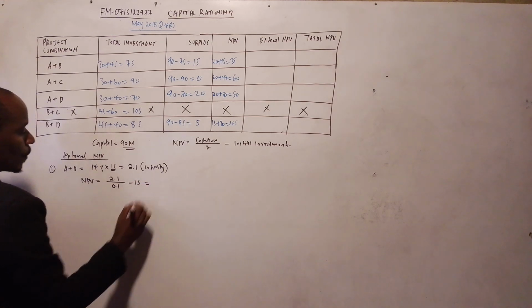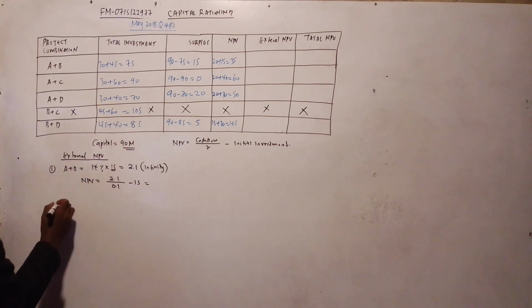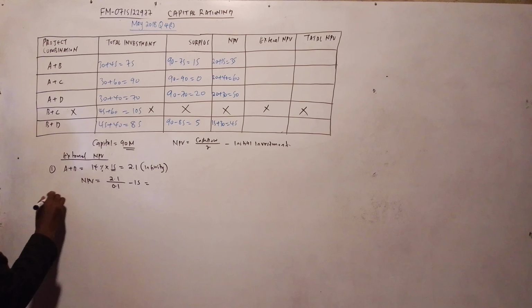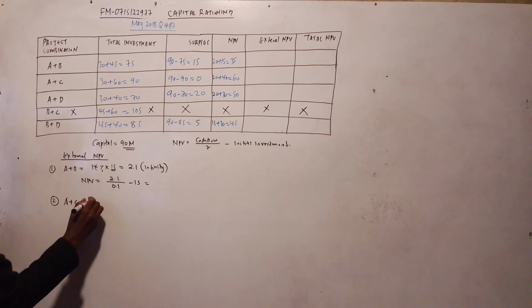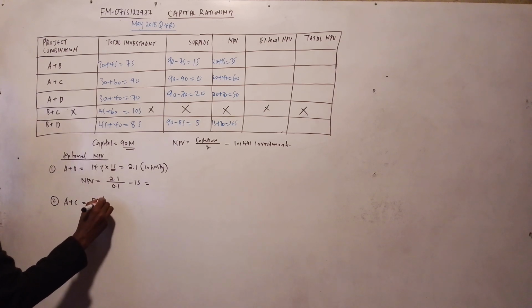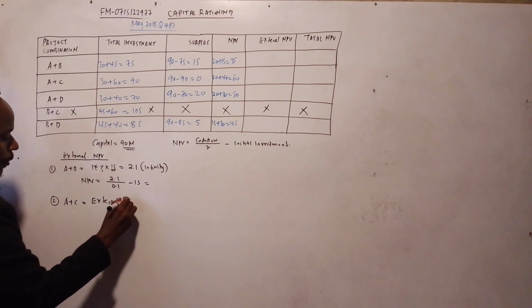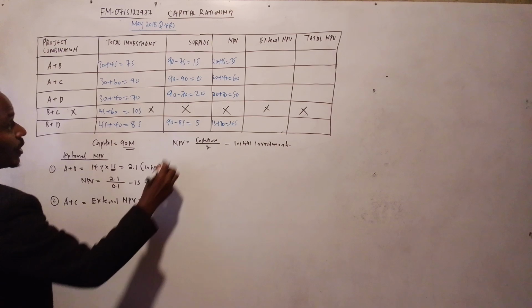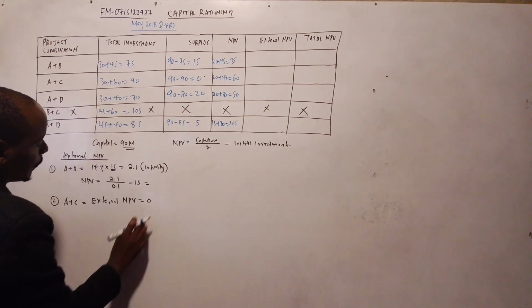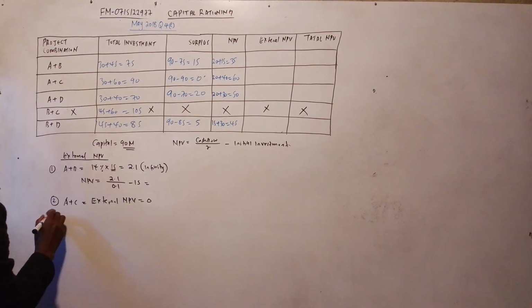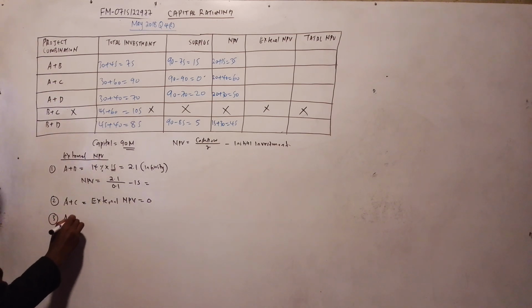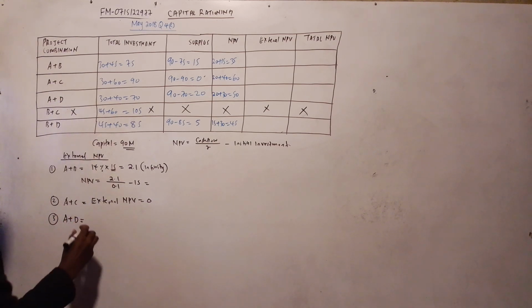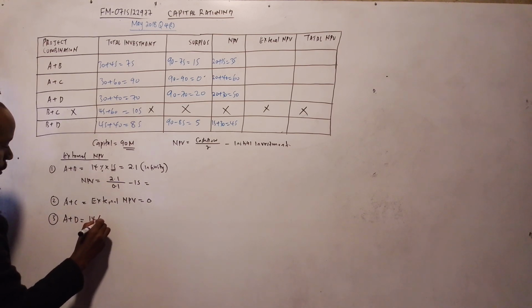We have number 2, A plus C. Now the external NPV is 0 because the surplus is 0. So when the surplus is 0, external NPV is 0. Number 3, we go to A and D. A plus D will be 14% times the surplus, which is 50.